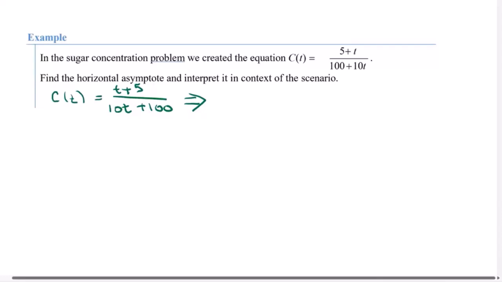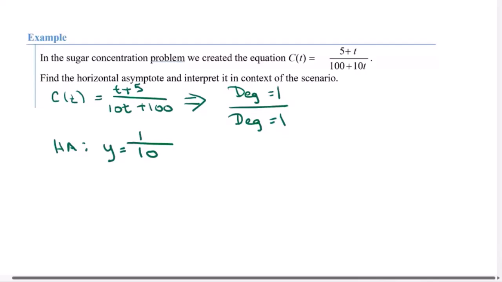Well, the degree in my numerator is equal to 1, and the degree in my denominator is equal to 1. So I have a horizontal asymptote at y equals leading coefficient on the numerator is 1, leading coefficient on the denominator is 10.